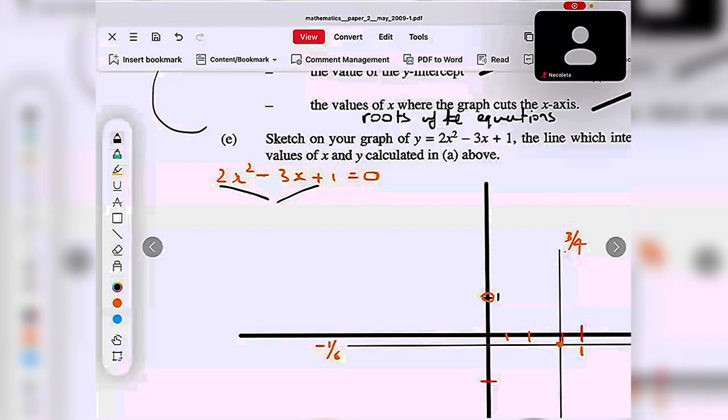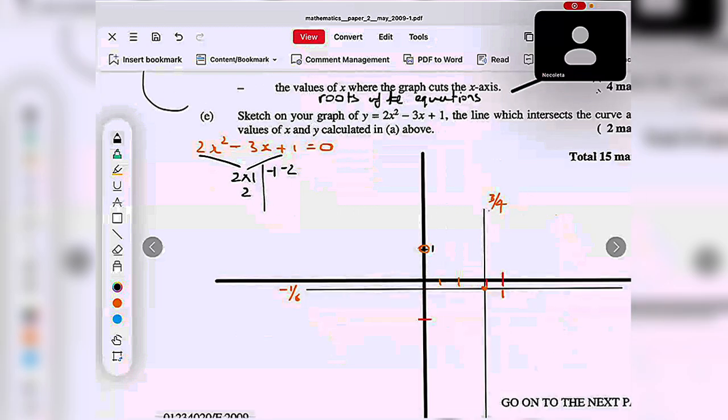All right, come here, Miss Gentles. Come, we take it with time. 2 times 1 is going to be equal to 2. So 1 and 2, both of them can be negative. So 2x squared minus 2x minus 1x plus 1 equals 0.